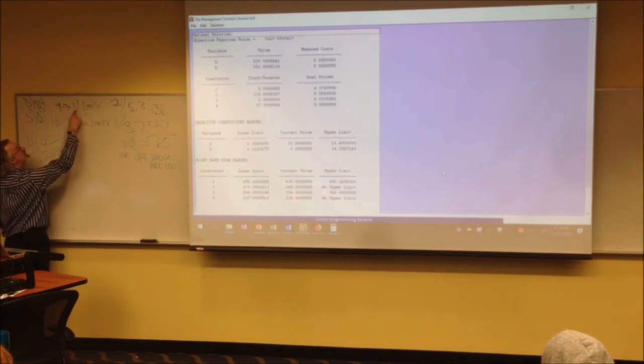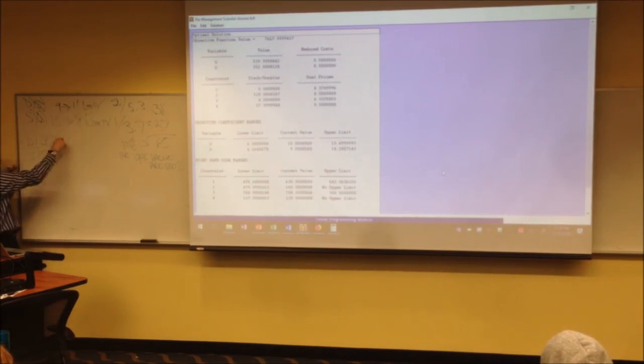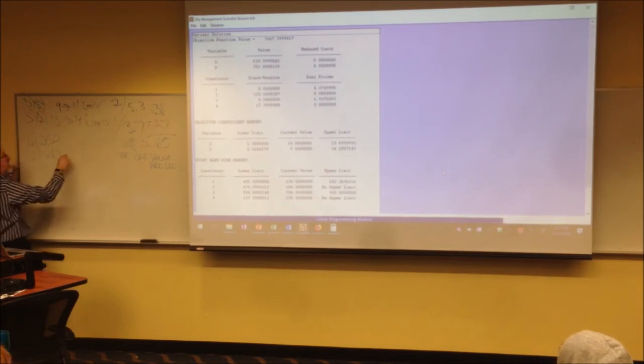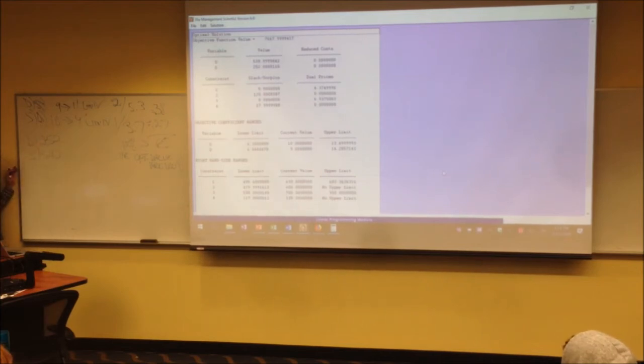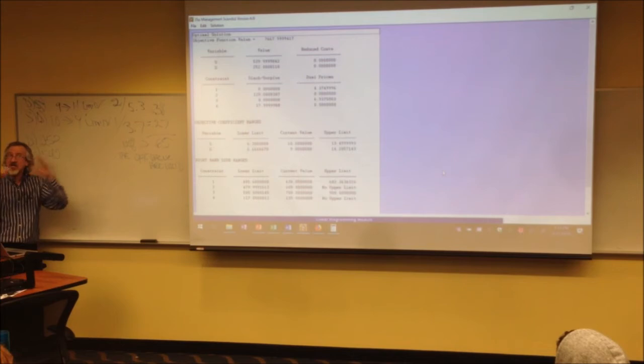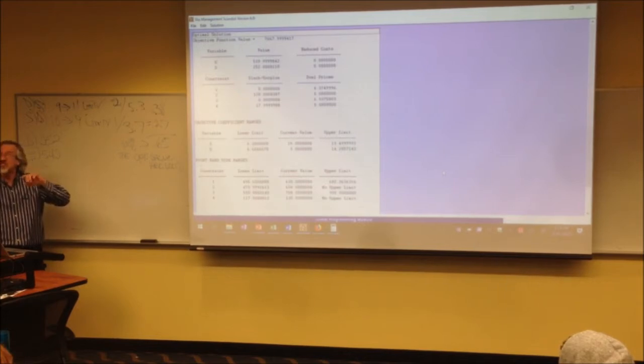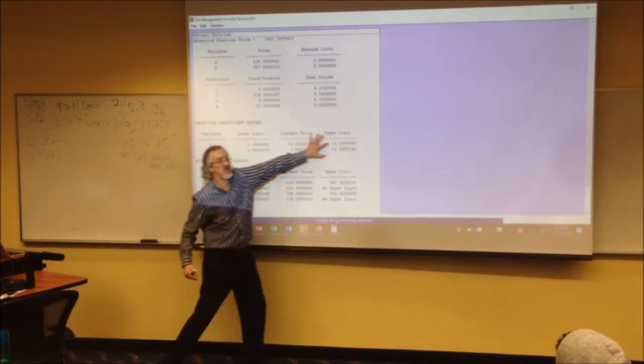This one's going up 2 units times 252, added. This one's going down 1 unit times 540, subtracted. You decide whether to add or subtract based on whether the change is increasing or decreasing.